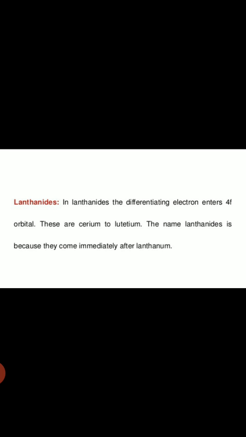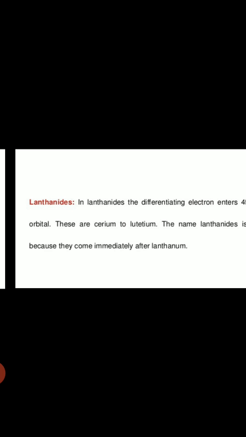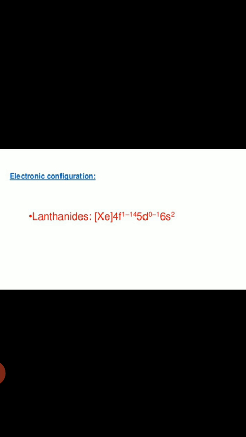They are called lanthanides because they come immediately after lanthanum, Z equals 57. Now the lanthanides have the general electronic configuration: xenon, the inert gas which is completely filled, and after that 4f 1 to 14, 5d 0 to 1, 6s2. This is the condensed electronic configuration of the lanthanides.